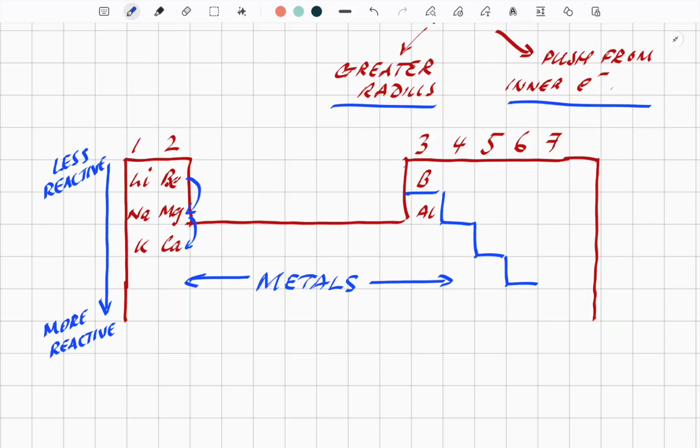Only the top right corner above those blue steps are non-metals, and their trends are a little different. Okay. So are you okay with the explanation going from lithium to potassium and using that as guidance? Does that make sense so far? Yeah? All right, cool.